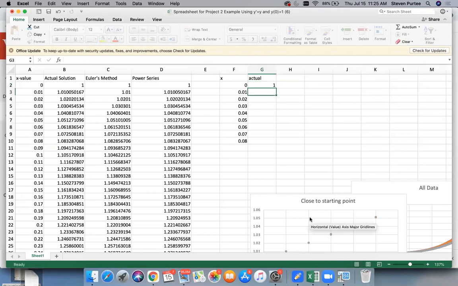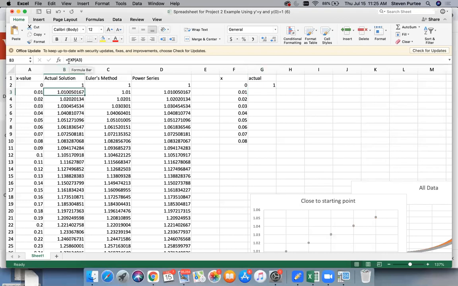So equals 1. And now this value is going to be the x value, e raised to that x value. So what I'm really typing is this, e raised to my x value. The way you type that in Excel is the exponential of that x value.